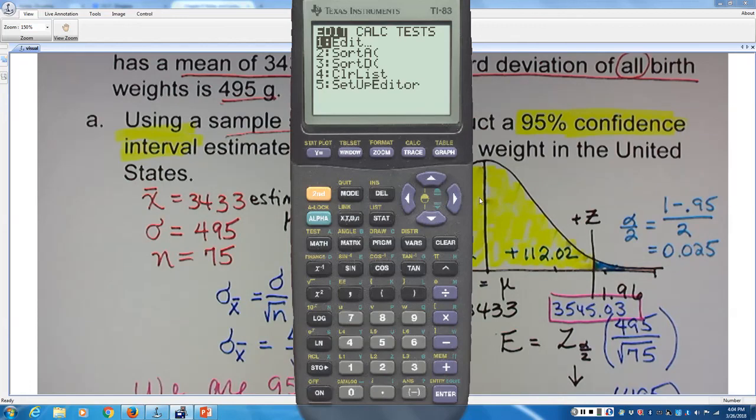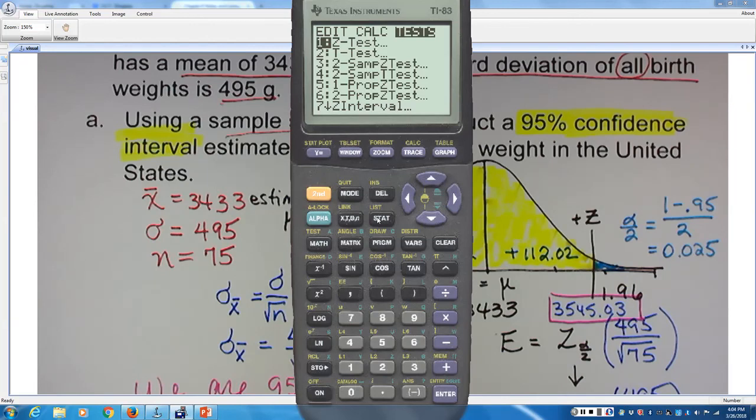And I want you to go over to the menu that says tests. Now what we're doing is not a test, but it happens to be on the test menu. Press your stat button and then right arrow over to where it says test at the top.